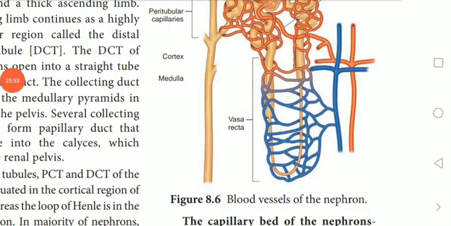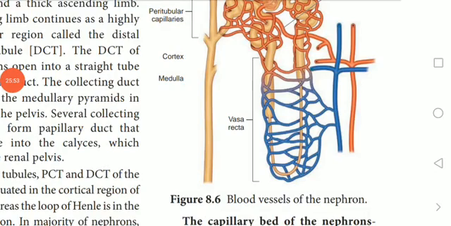The movement of water in the ascending and descending limbs, that is what we call the countercurrent mechanism. The formation of concentrated urine is accomplished by the kidney using the countercurrent mechanism. The major function of the loop of Henle is to concentrate sodium and chloride. There is a low osmolarity near the cortex and high osmolarity towards the medulla. That is what we call the countercurrent part. This countercurrent part we'll see in the next class.